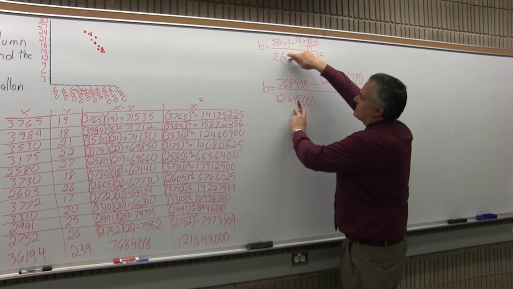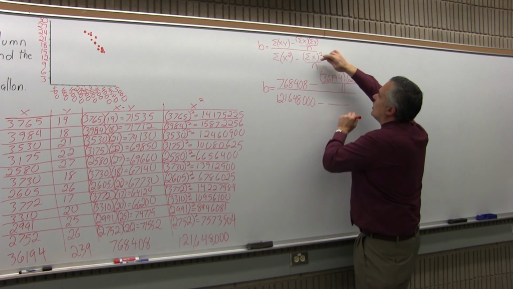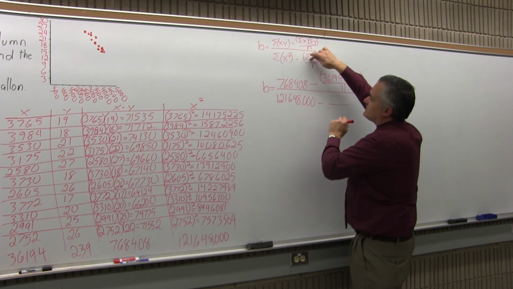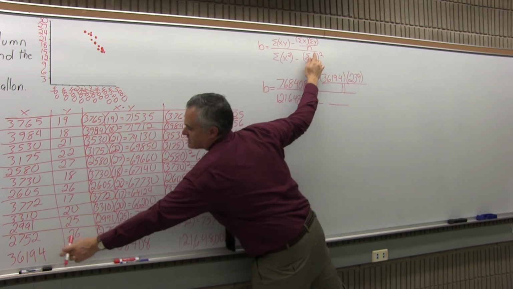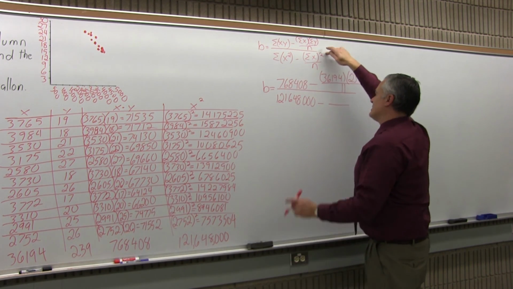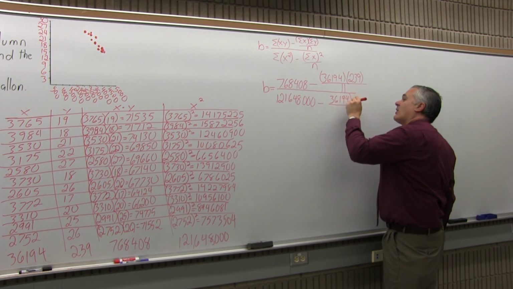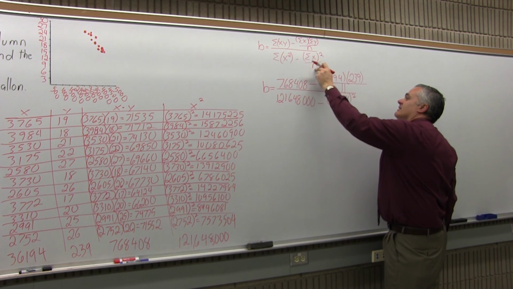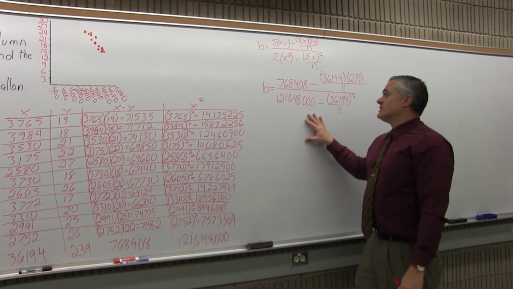So that's total of the x squares minus then total of the x's squared. So the total of symbol is inside the parentheses. You get the total first of the x's, that's the 36,194. Then you're going to do a second power. So it's going to be 36,194 second power. And underneath n, number of data points, 11. That fills in the formula.